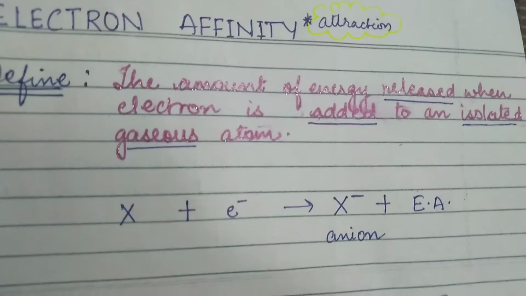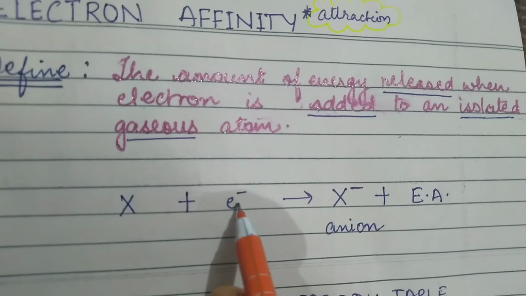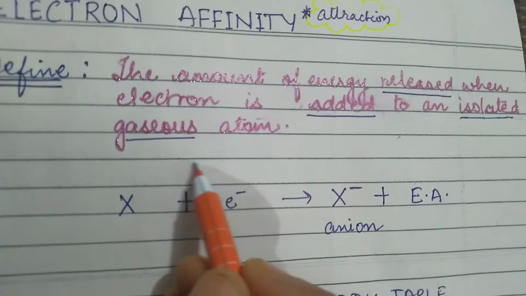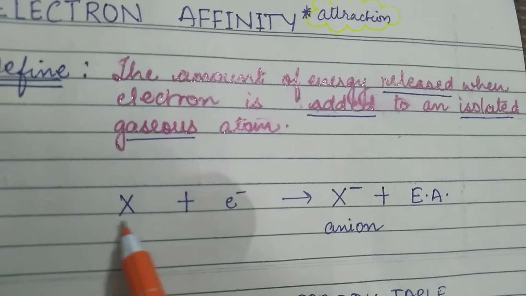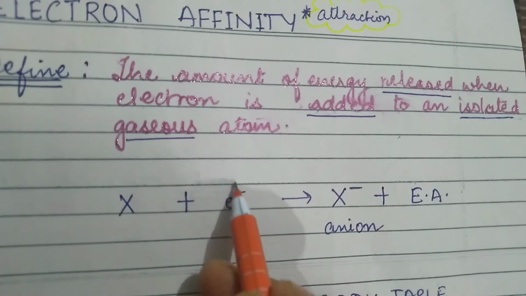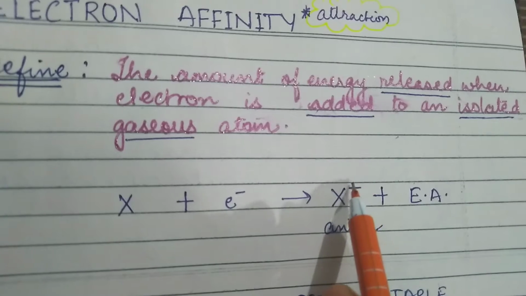So this is a neutral atom. Say this is any neutral atom X. Now an electron is being added. This plus sign means an electron is entering this isolated, alone, neutral gaseous atom. After the electron is added, it has developed one negative charge.